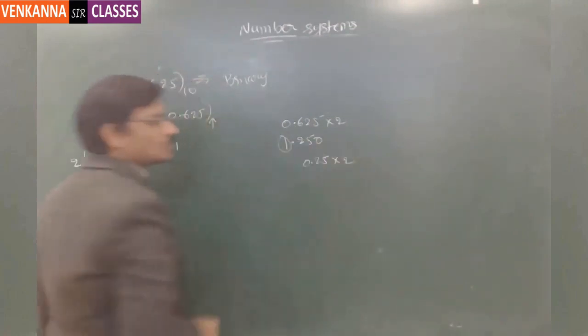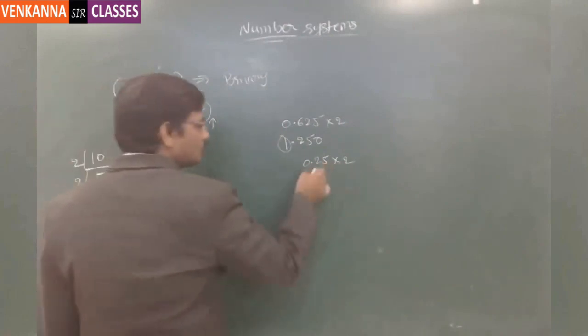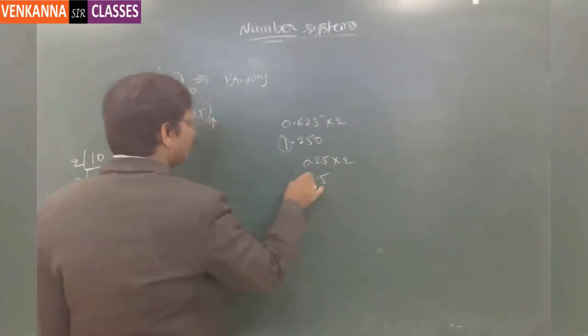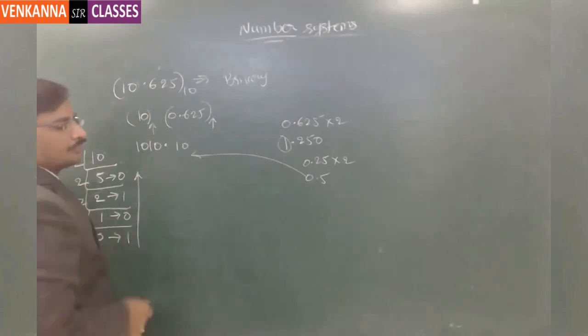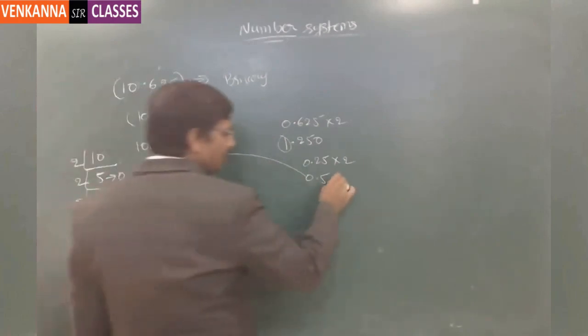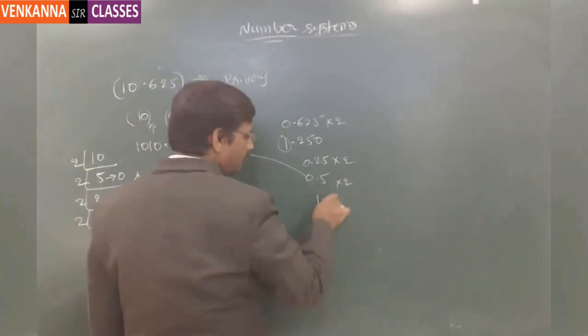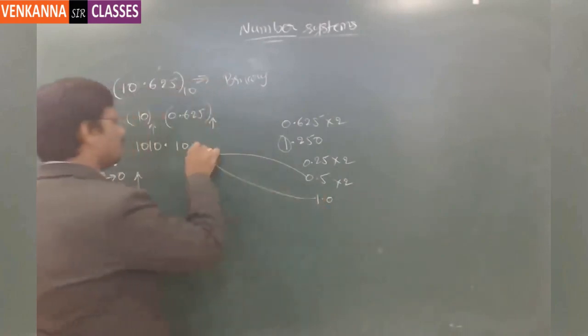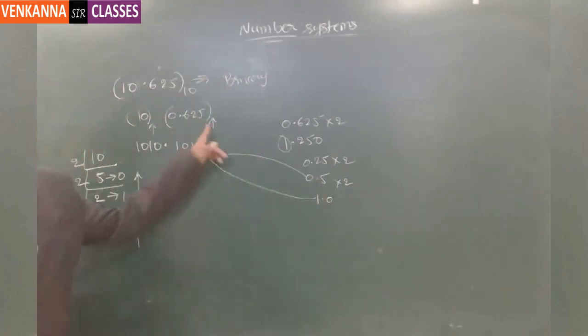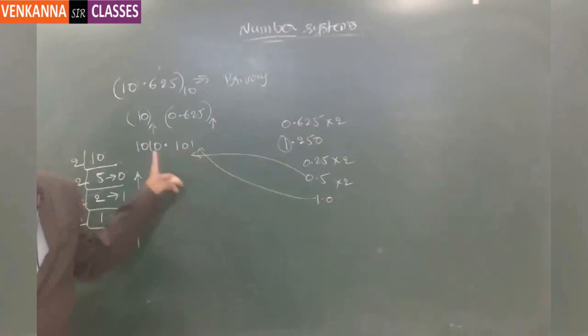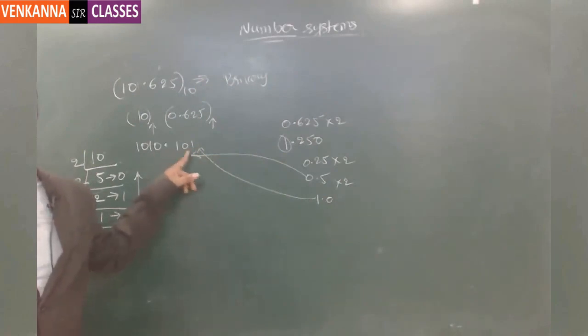Again multiply with 2, and this is going to be 0.5. This 0 needs to be kept here. Then multiply with 2 again, and this is going to be 1.0. You keep the 1 value here. So 0.625 is equivalent to 101 after the decimal.